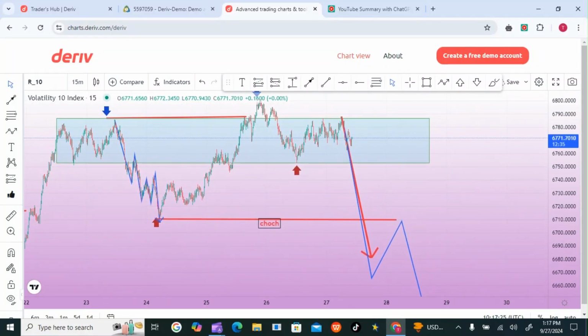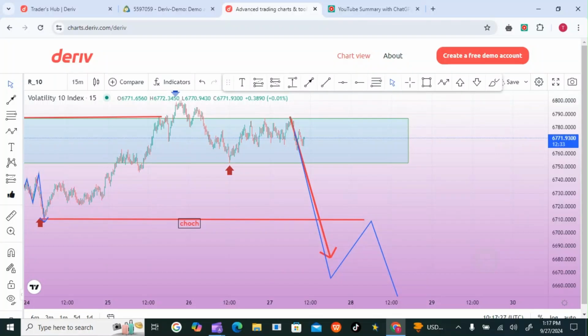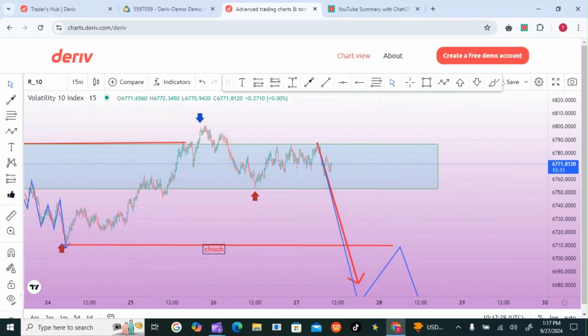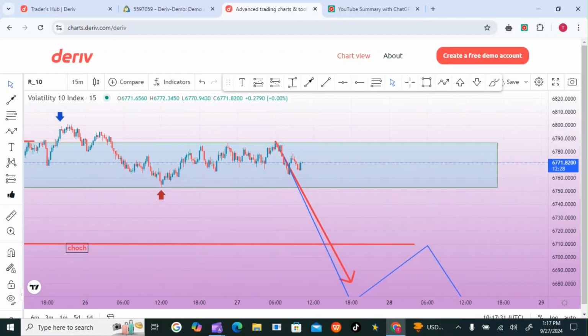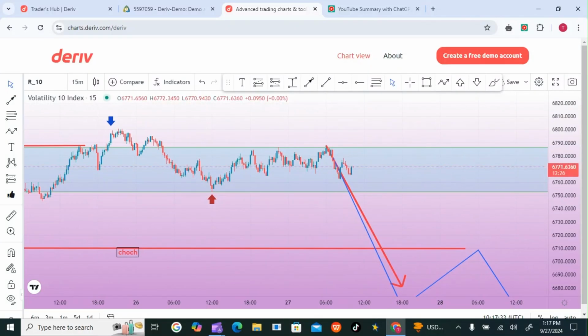Looking at this market currently, just observing how it's behaving on these 15 minutes, we are at a consolidation phase. You can see the market has consolidated since September 26, that's yesterday.